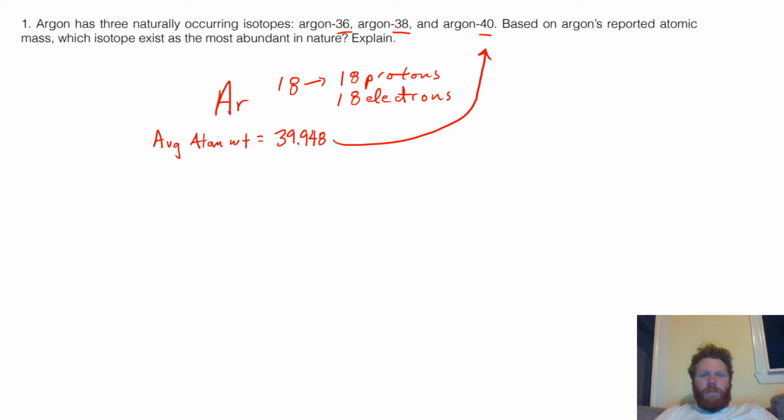And so the most abundant isotope is AR40, because of the comparative atomic weight.